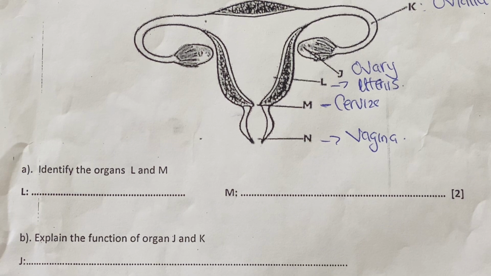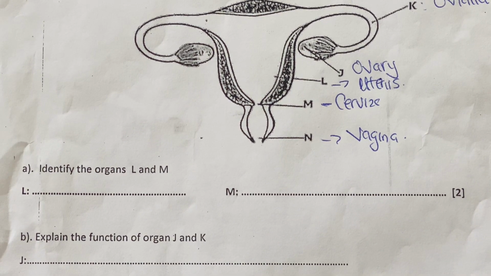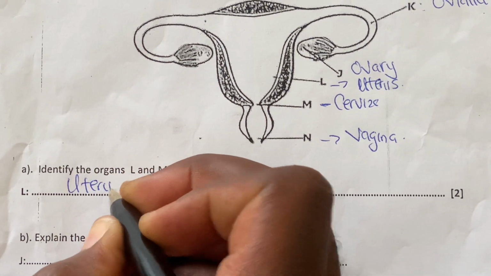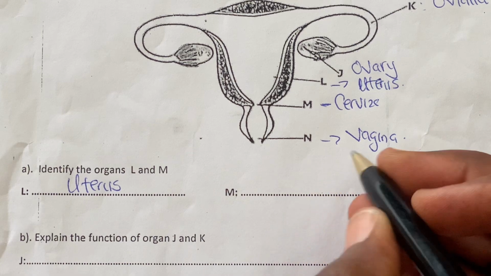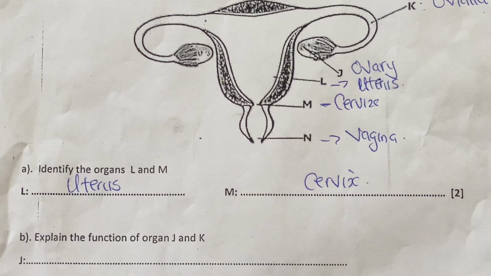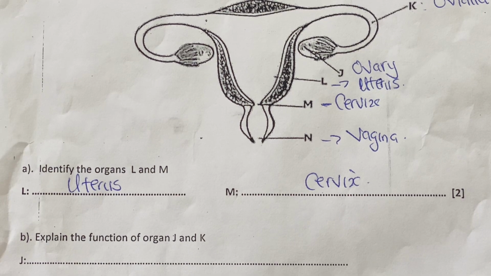On this one, it says identify the organs L and M. So L is pointing at the uterus, and M is pointing at the cervix. Make sure that correct spelling is a big priority, especially when you are writing this in an exam.